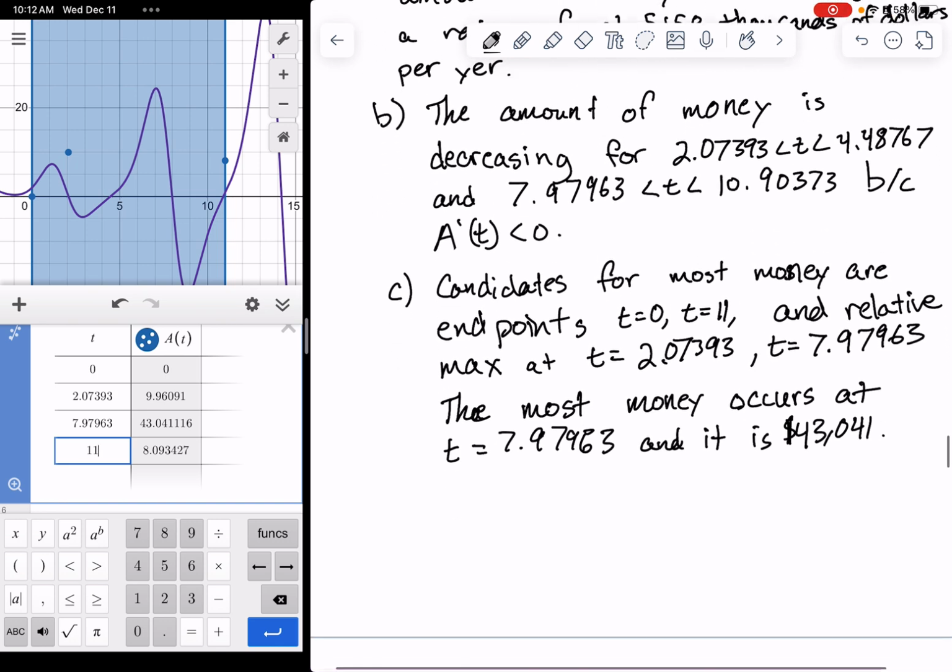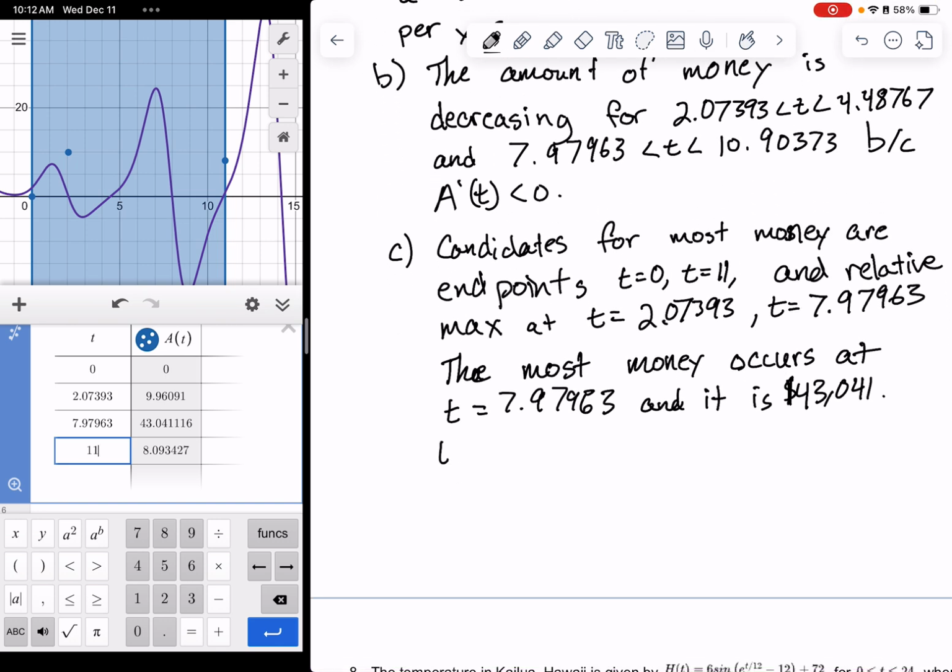And I'm going to just copy this table as well. So I'm going to put t, A of t here, because I did evaluate it with a calculator, but I've got to show my work somewhere. And at 0, it's 0. At 2.07393, it's 9.96091.